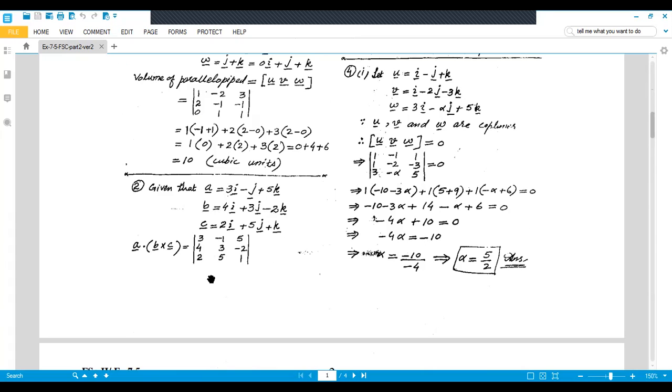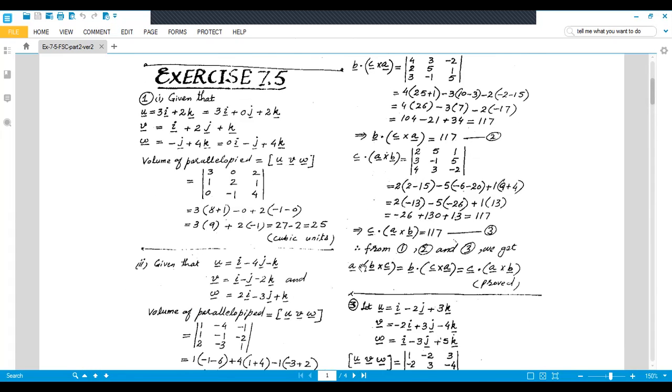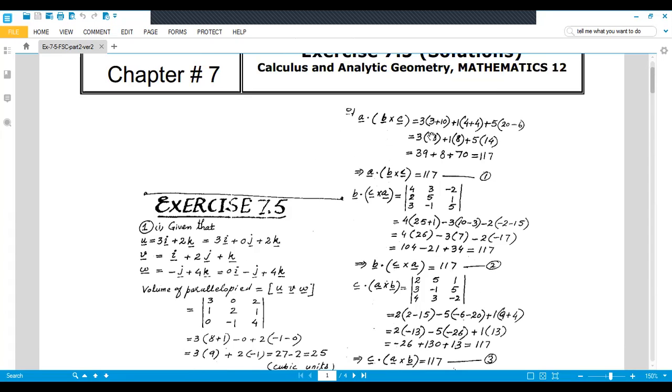What you have to find is A dot B cross C. So first you write the value of A, 3, minus 1, 5, and then B, 4, 3 and minus 2, and then C, 2, 5 and 1. In the same way, just like question number 1, you take the determinant, so you get 117. Then A dot B cross C is 117.